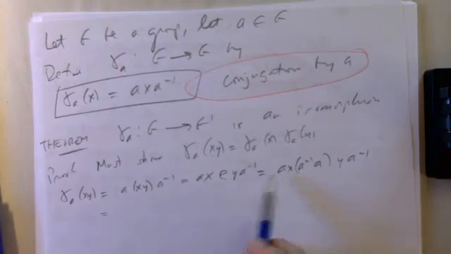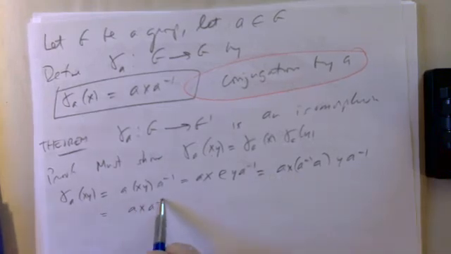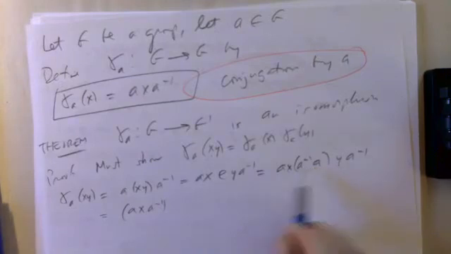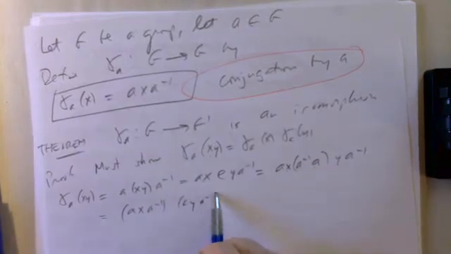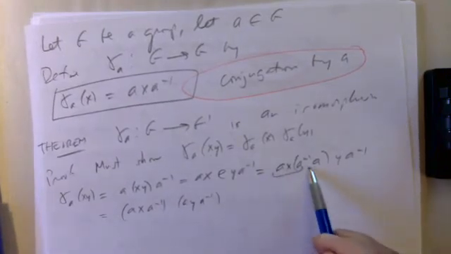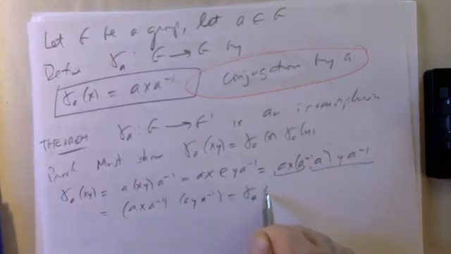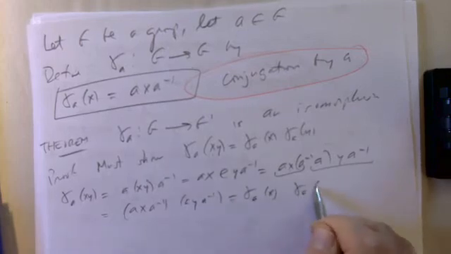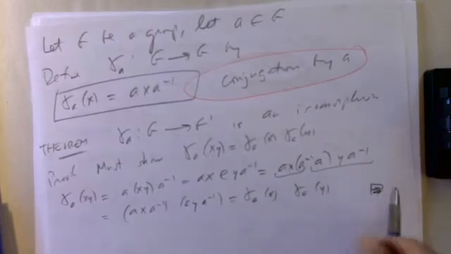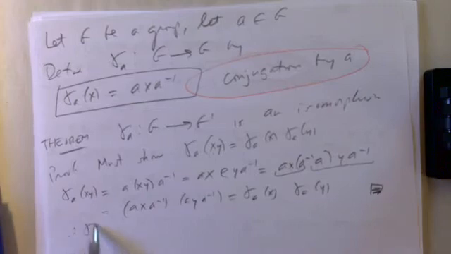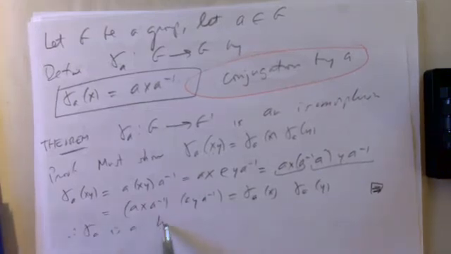So what we have here is a x a inverse times a y a inverse. This is gamma sub a of x, and this is gamma sub a of y. So gamma a is a homomorphism.